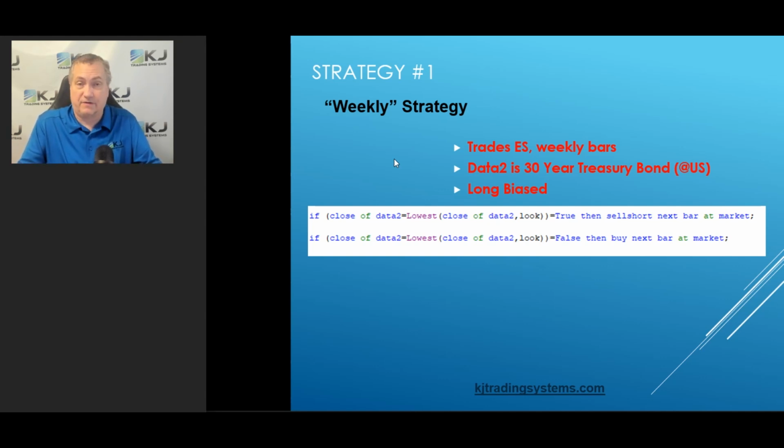So the code in EasyLanguage for TradeStation, you should be able to understand this and translate it into whatever language you want. It says, if the close of the 30-year bonds is the lowest close of a certain look-back period, then you want to sell short.